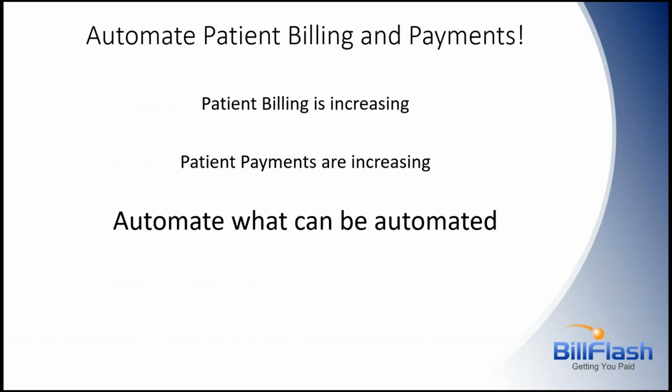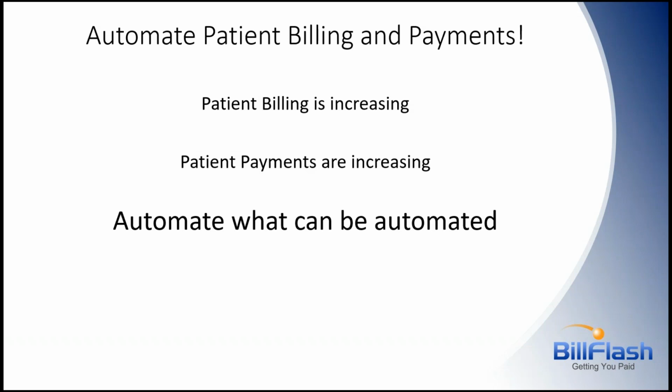So if you really want to succeed as you bill your patients through the pandemic, you need to automate the patient billing and payment process. The percentage of each claim that is the patient's responsibility is increasing.